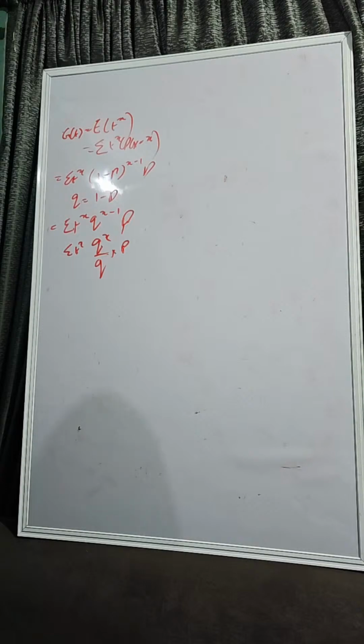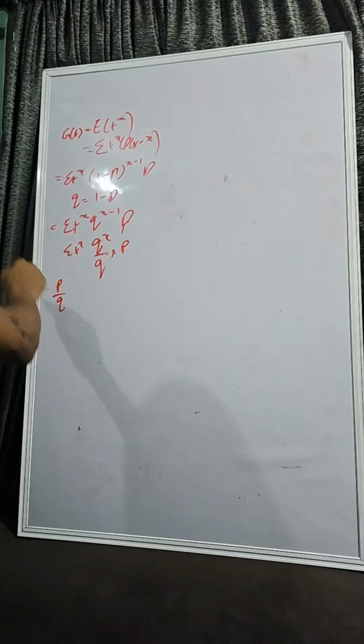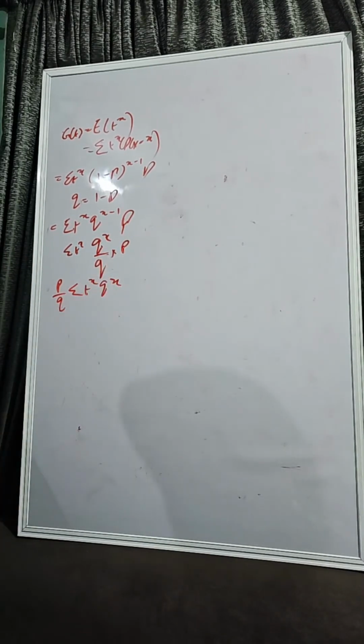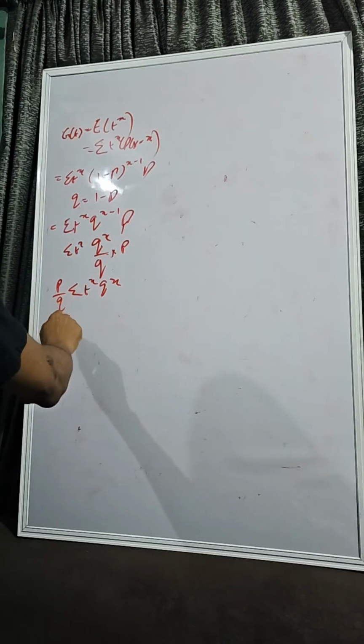Okay, so since these are constants, you can bring this out: p over q times the summation of t to the x, q raised to x. Now, if you look at this very well, both of them are raised to x.